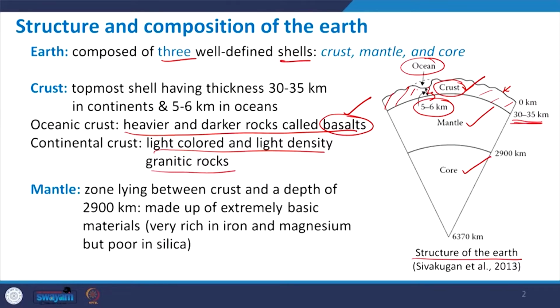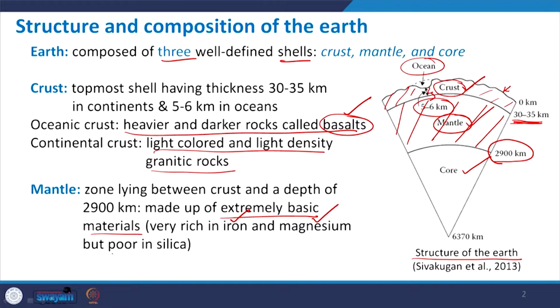Then the next component is the mantle. As you can see, the portion of the earth lying from 30 to 35 kilometers to 2900 kilometers is called the mantle. Okay, so this is made up of extremely basic materials, and this material is very rich in iron and magnesium.